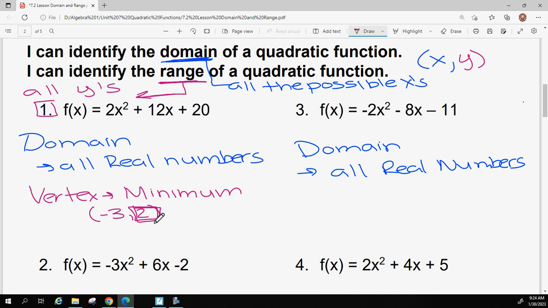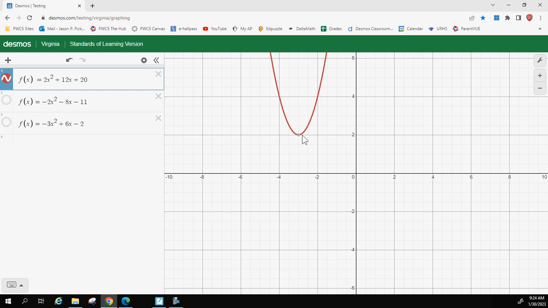And so if this is a minimum, that means all the y values are going to be bigger than 2. So if I try to put any point on here, you can see if I look at that second number, it's bigger than 2. Bigger than 2. The smallest it ever gets is 2, and then it increases again as I go back this way.